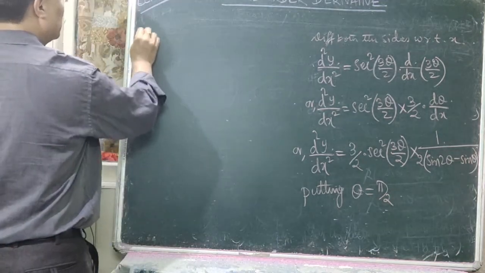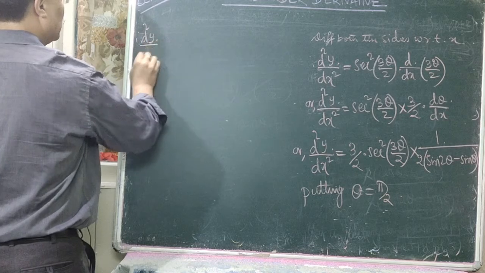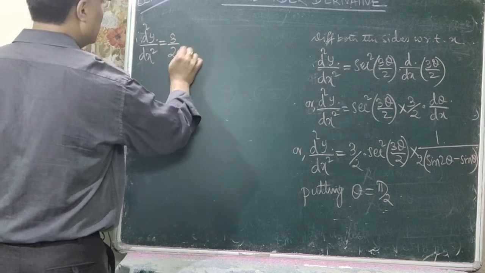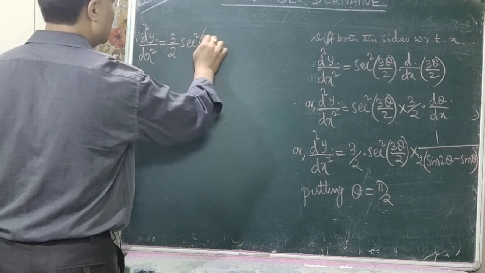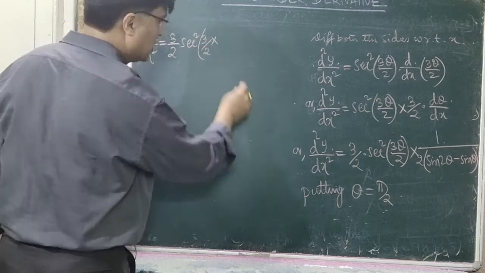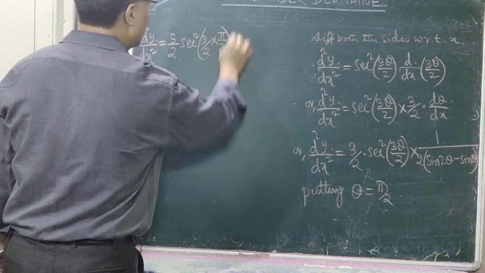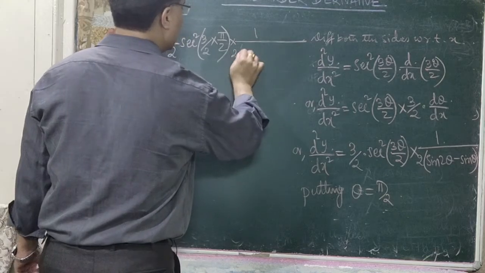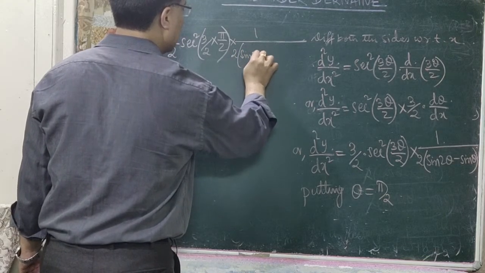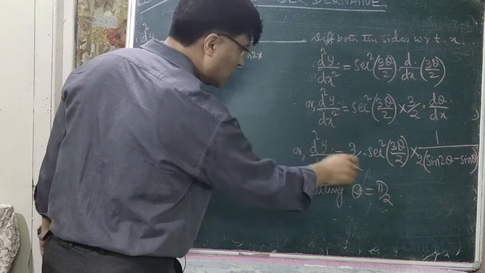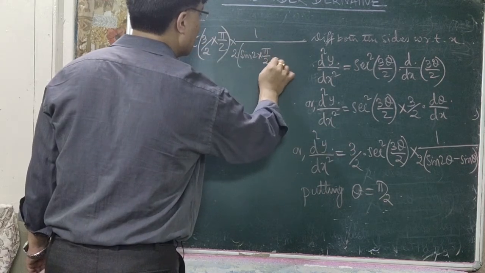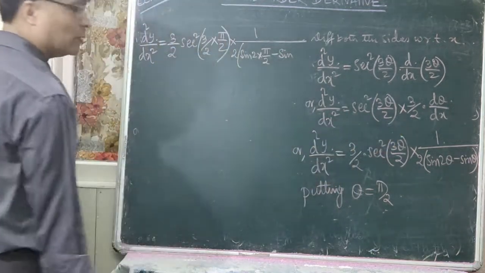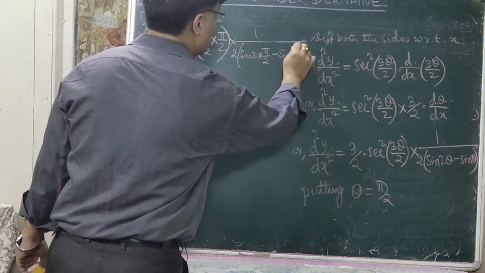So d2y by dx square is equal to 3 by 2 sec square within bracket 3 by 2 into what was theta? It is pi by 2, right? Into 1 upon 2 into within bracket sine 2 into what is theta here? Pi by 2 minus sine, instead of theta, what will you put? It is pi by 2.